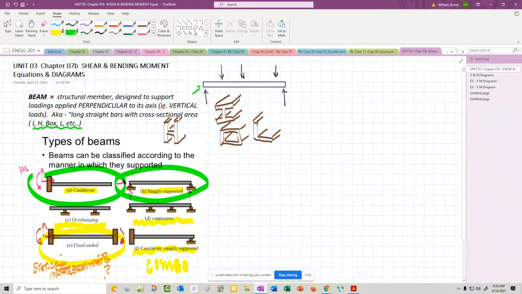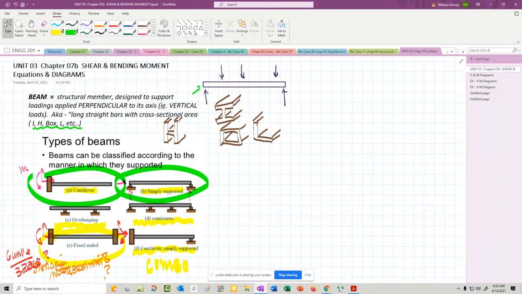We're also going to have support reactions there. And right off the bat, we have 6 unknowns, but we really only have 3 equations to solve that. So we run into a little trouble. We have to use some other equations to solve anything like that. All right, so those are the types of beams.